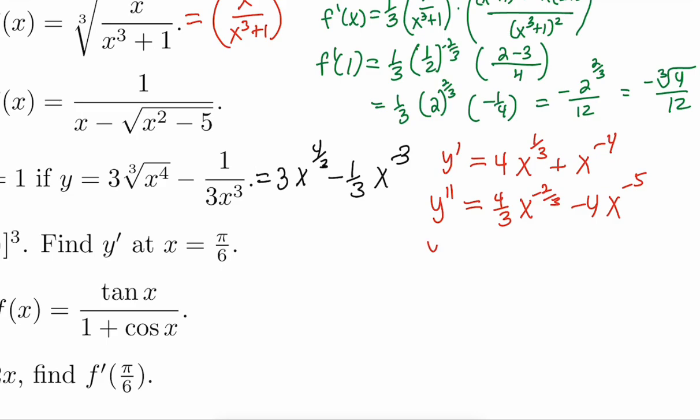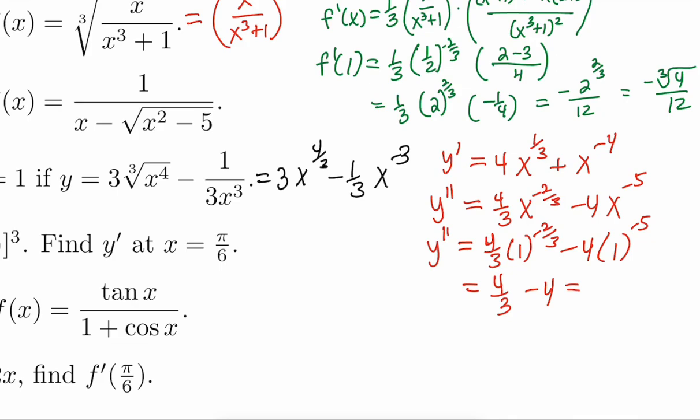And then finally, they want to know what happens when x is 1. So you're just going to stick 1 in. Now what's great about the number 1 is 1 to any power is still 1. So this is just 4/3 minus 4. So it's just a simple calculation from there. As far as the test, it's going to be multiple choice, so the test will give exact answers. So make sure that you have your calculator on fraction mode.